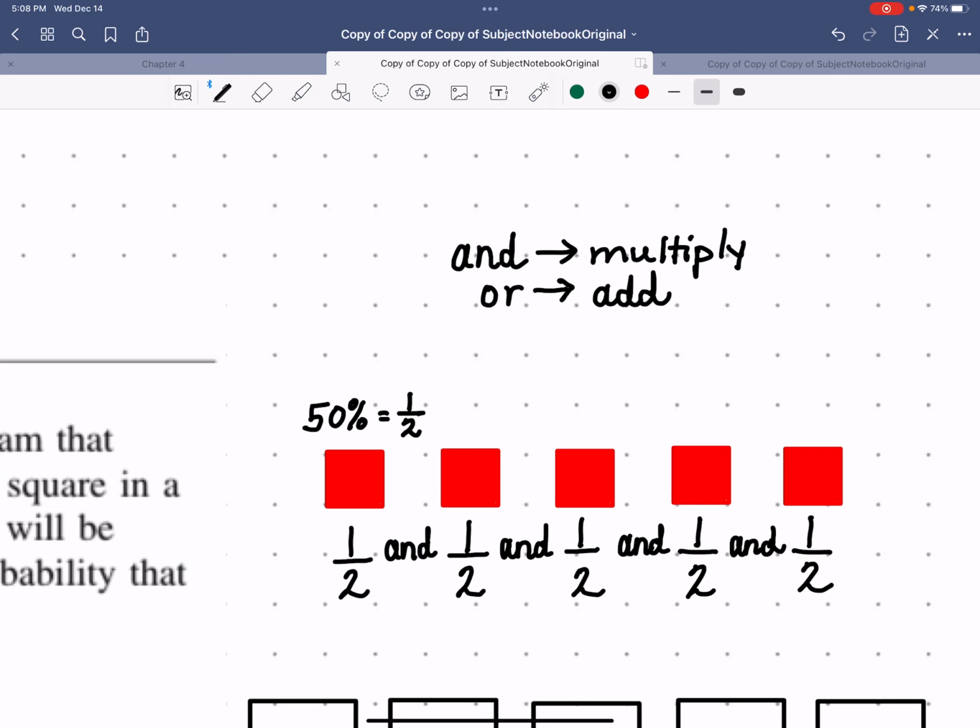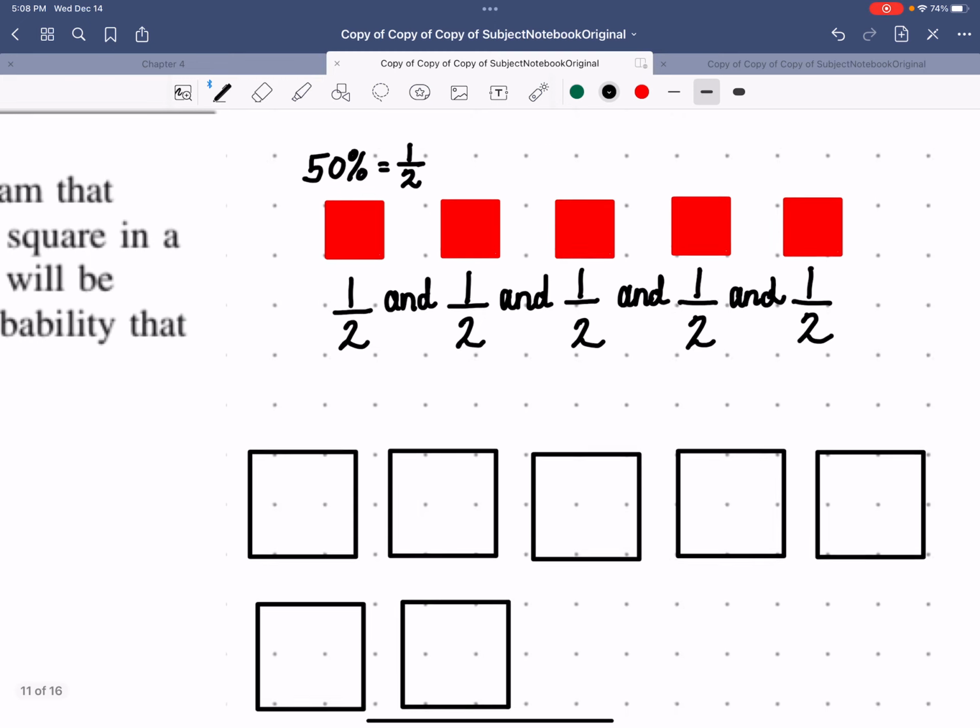Now, I know that the problem doesn't use the word and, but I have to sort of figure that out. I want a red square and another red square, and another red square, and another red square, and another red square. And once you know that, you need to multiply all of these fractions.